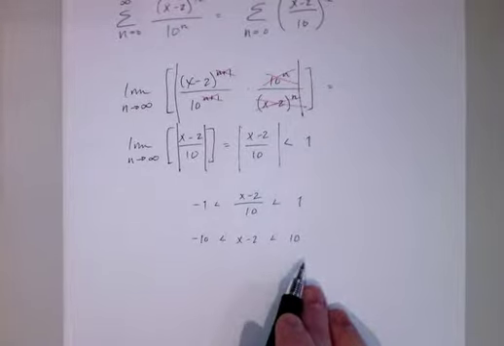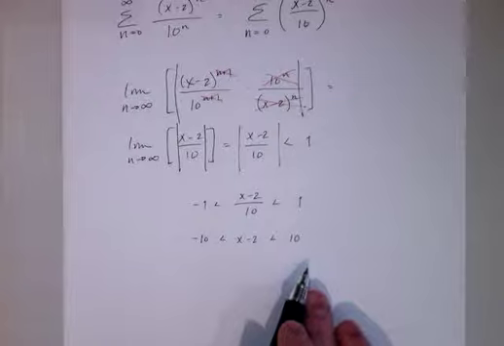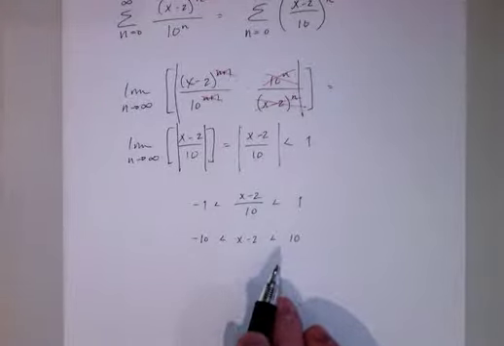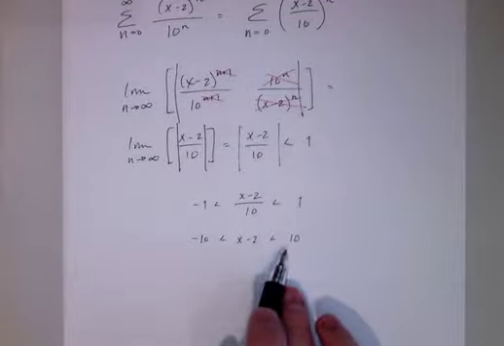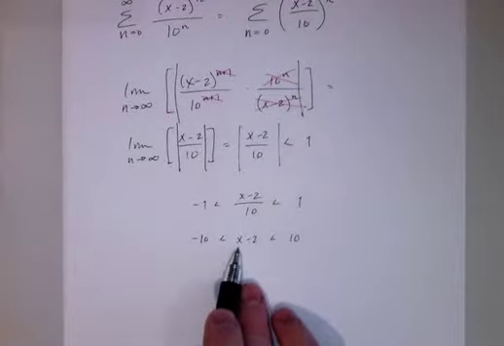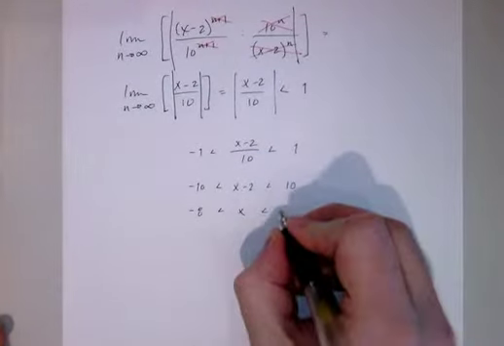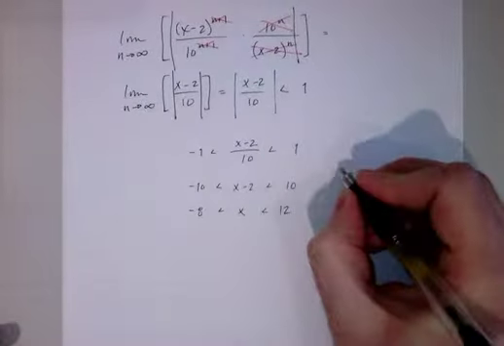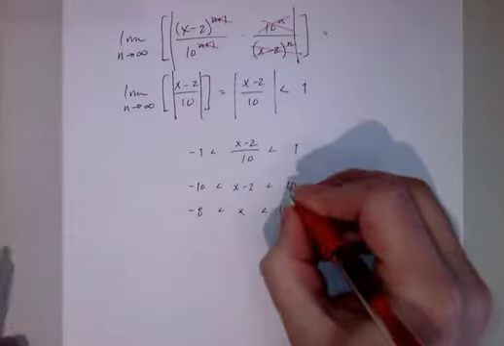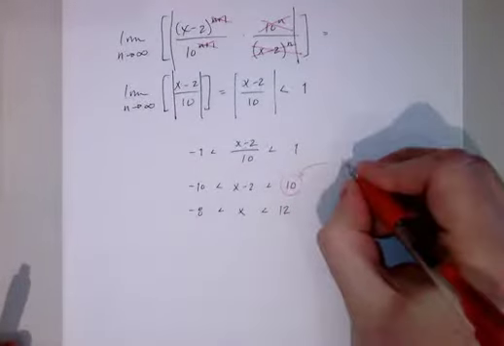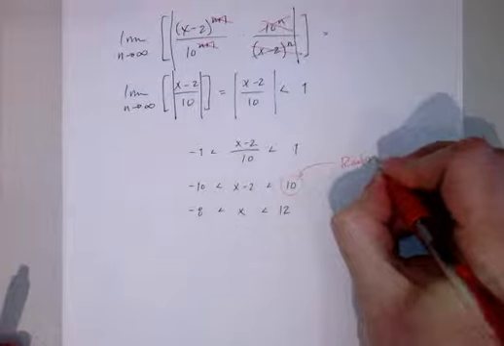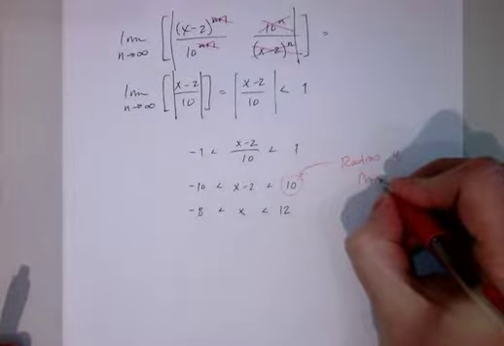So the radius here is 10, because the center is x equals 2. If I add 2 to both sides, it winds up being that. This is what is called the radius of convergence.